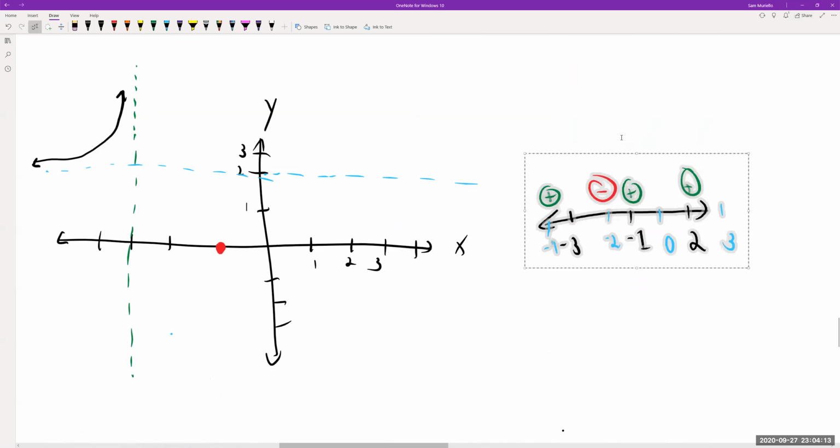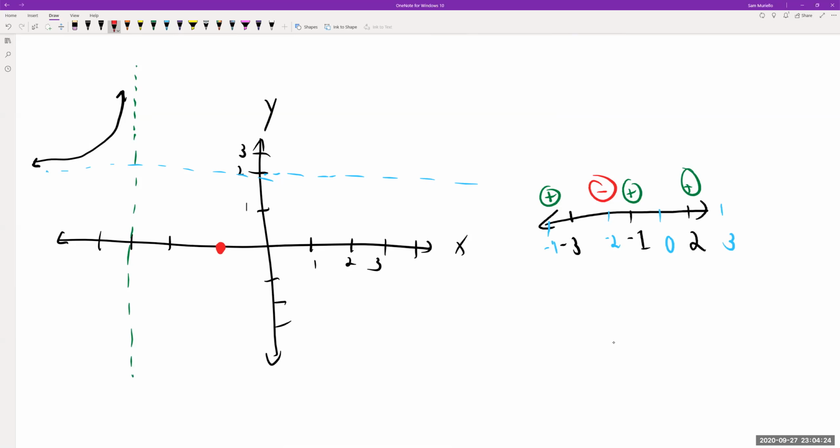So the graph needed to start out positive until we reached negative 3. From this point, it will be negative until we hit negative 1, and then it will be positive again. So I would expect my graph to maybe come up from here over at negative 3.